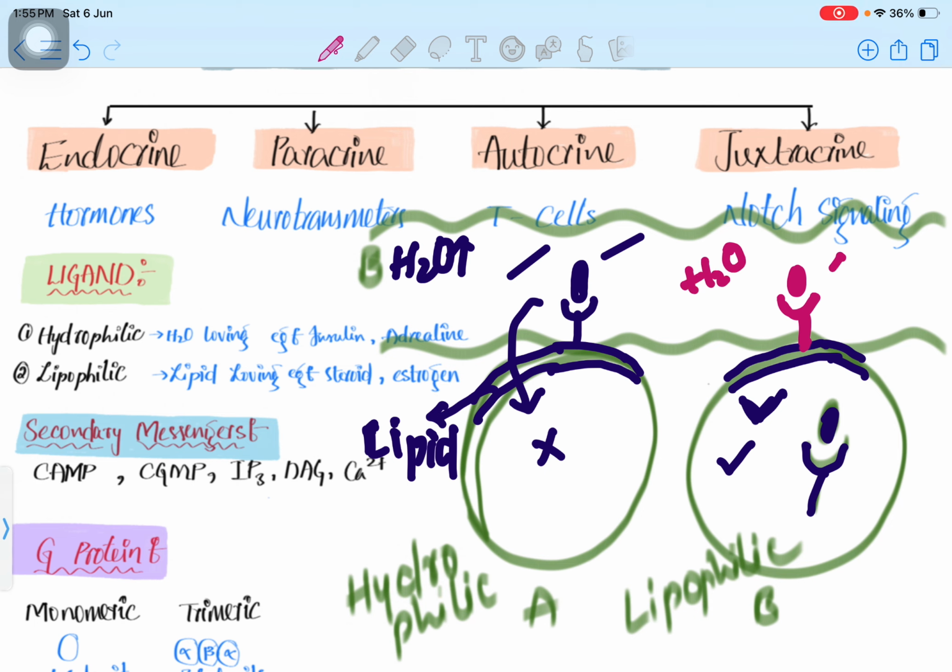But the blood has lots of H2O, and lipid can't interact with the water, so that's why the plasma membrane does not have the receptor. In this lipophilic condition, the receptor and the lipophilic ligands are both present inside the cell.